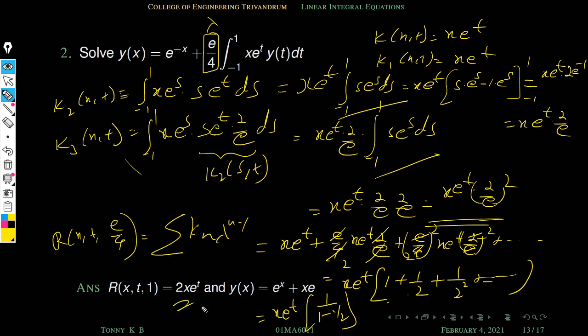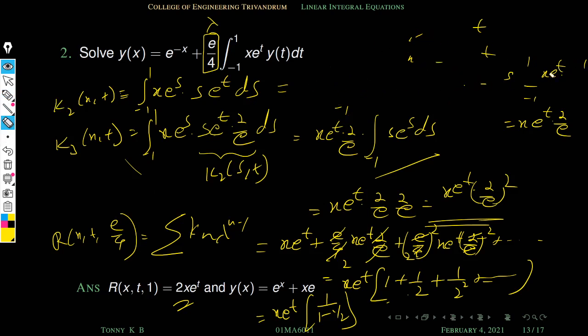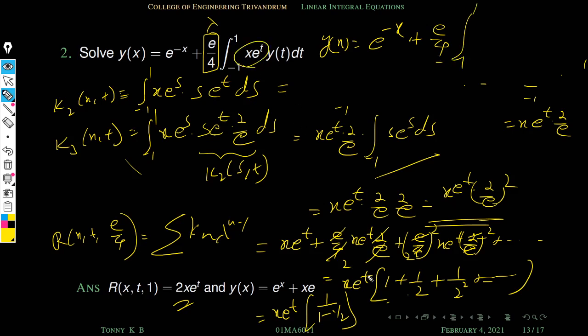Then using this resolvent kernel you can find the solution using which formula? Using this formula, y of x is equal to e^(-x) plus lambda, that is e/4, integral from -1 to +1. Instead of K(x,t) we use R(x,t), that is 2x e^t, into, instead of y of t, we use f of t.